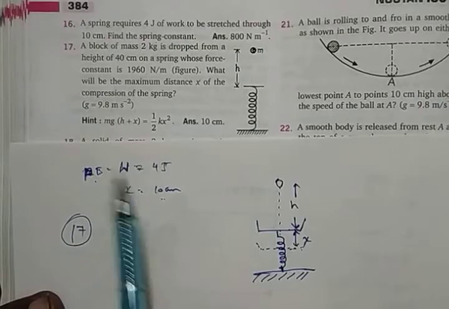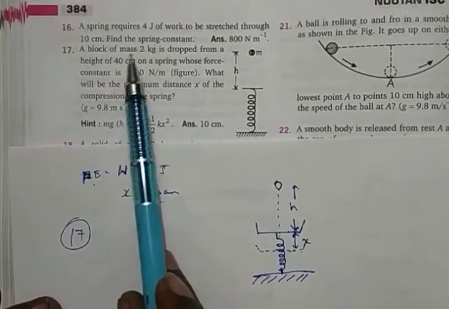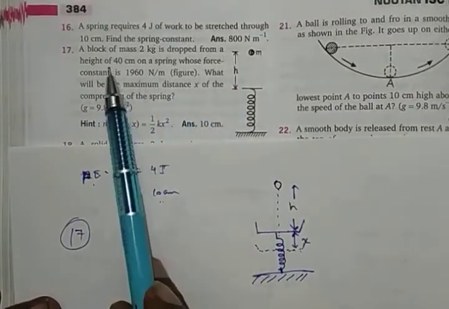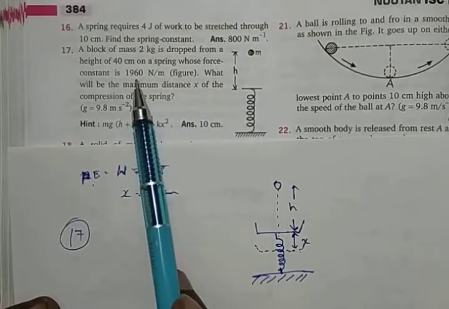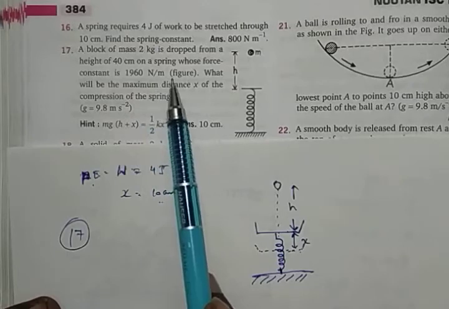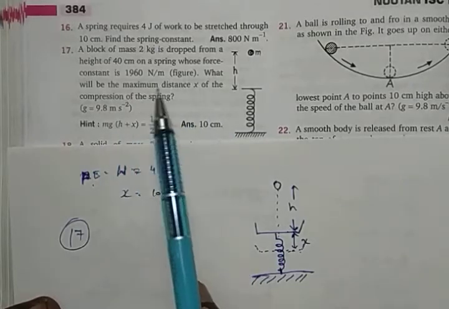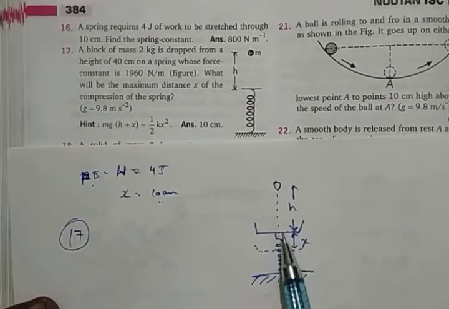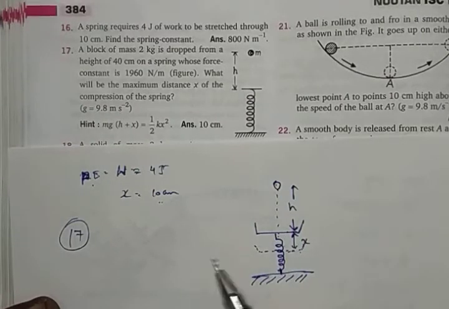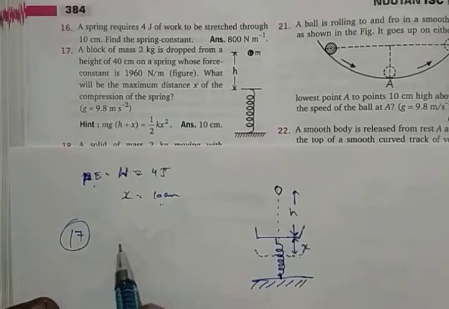So look at the question here. A block of mass 2 kg is dropped from a height 40 centimeter on a spring whose force constant is 1960 Newton per meter. What will be the maximum distance x of the compression of the spring? How much will this compress? Alright, so write the basic quantities.